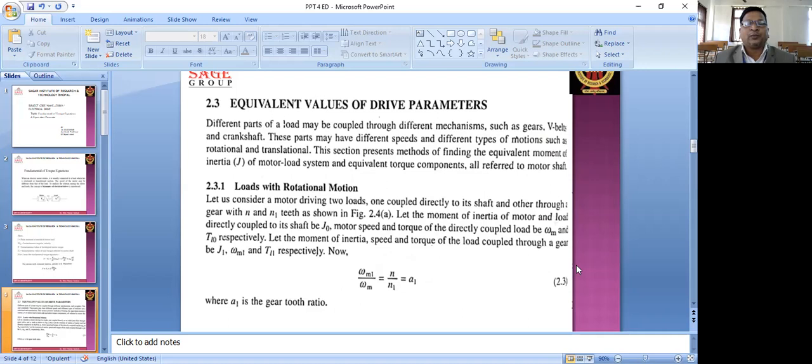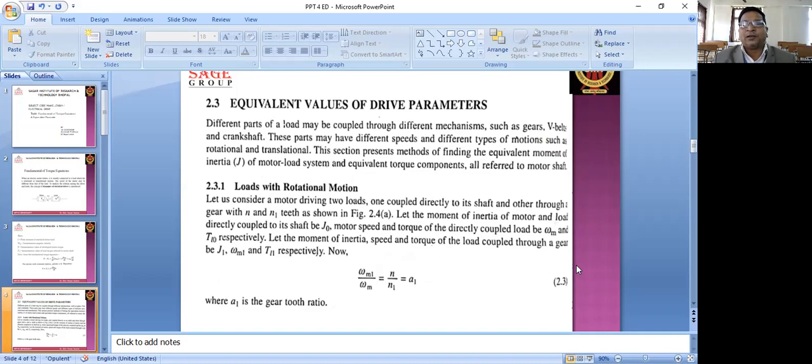So here we find the load with rotational motion. Let us consider a motor driving two loads, one coupled directly to its shaft and the other through a gear with N and N1 teeth. Let the moment of inertia of the motor and load directly coupled to its shaft be J0.